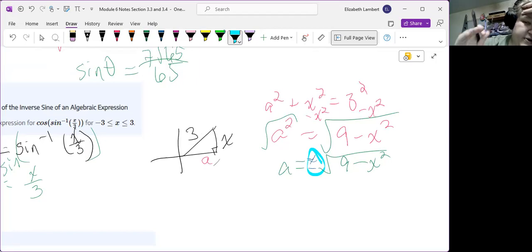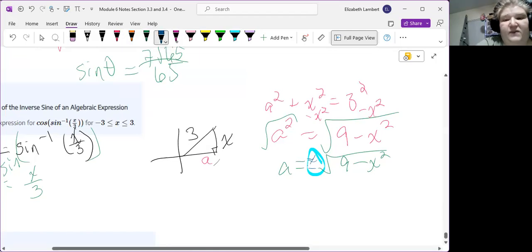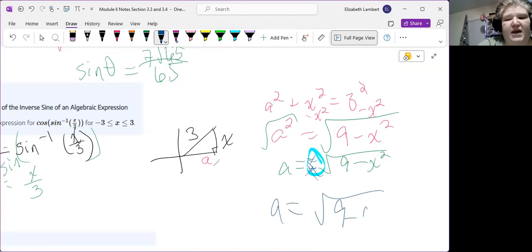The cosine of values in quadrant 4 and the cosine of values in quadrant 1 are the same, just differentiated by reference. They're both positive. So our a value here will only be positive. So we do not have to worry about the negative here. So we just have a is the positive square root of 9 minus x squared.